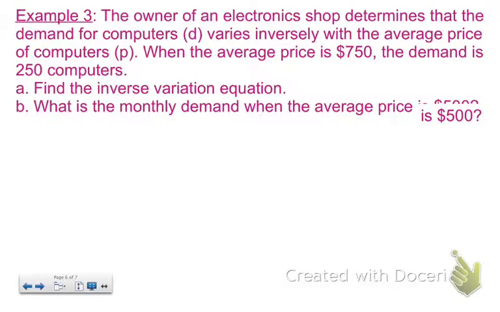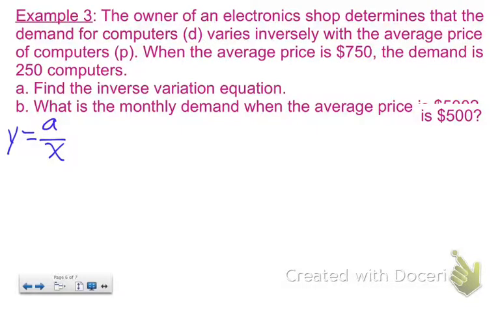For our last example, the owner of an electronics shop determines that the demand for computers, represented by D, varies inversely with the average price of computers, represented by P, where the average price is $750 and the demand is 250 computers. Find the inverse variation equation, and then we're going to use that to find something else. Remember it has to be of the form y equals a over x.